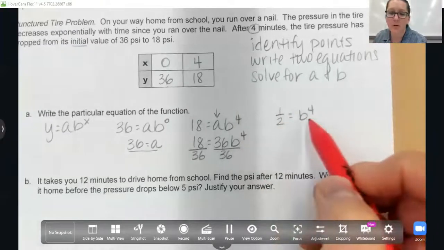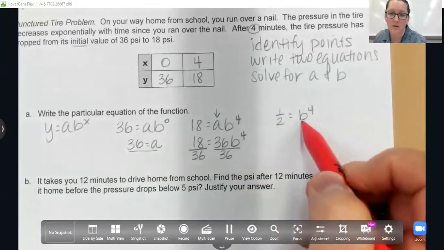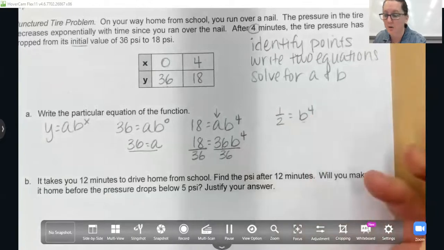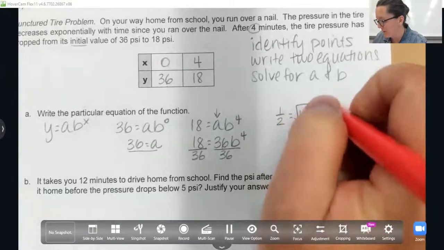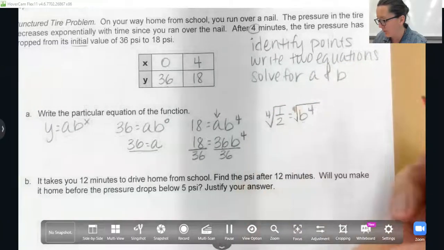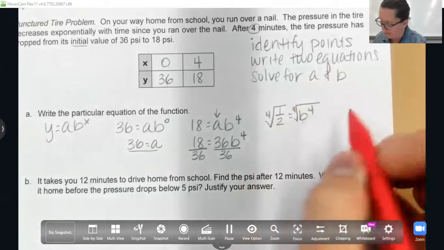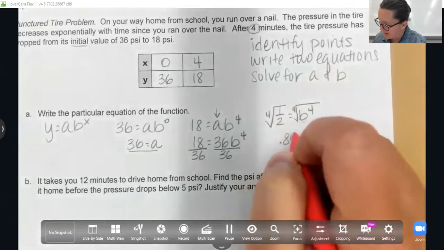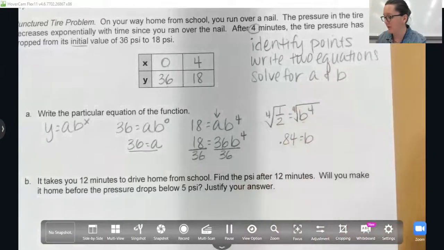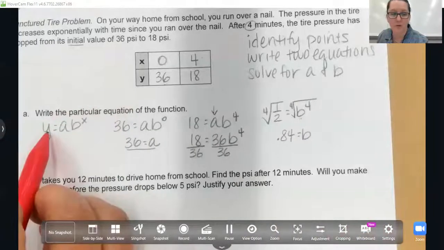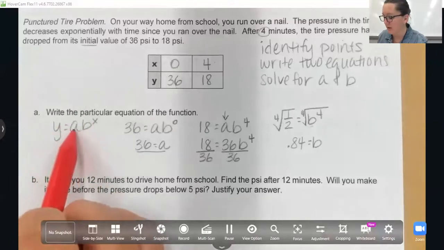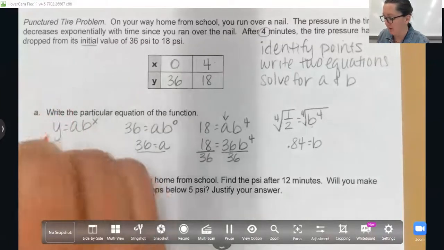And then now what do we do next? How do we solve for b? If b is being raised to the 4th power, remember you want to do the opposite operation. So my opposite operation is taking the 4th root, and the 4th root of 1/2 is 0.84. So that's your b value. So here's the equation that we're writing. Remember, we're following the model y equals ab to the x, where we want to understand what those a and b values are.